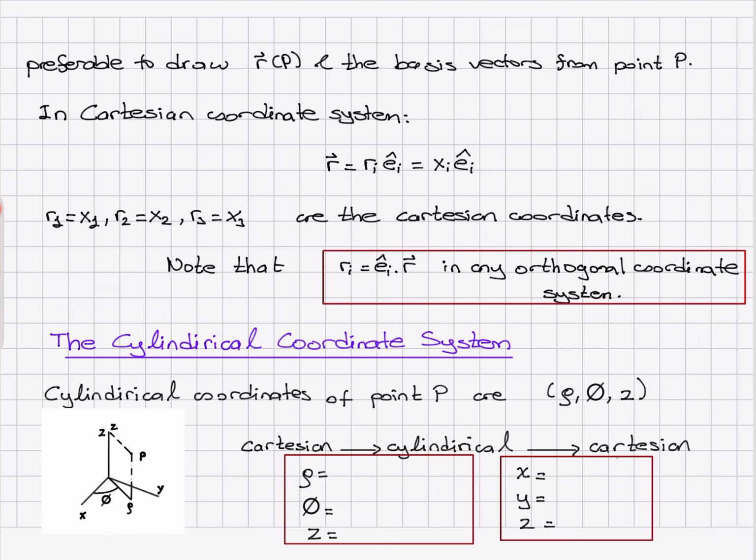And in the Cartesian coordinate system, the position vector is Ri ei hat, which is xi ei hat, x1, x2, x3 being the components, which are x, y, and z. That's what we normally use in our discussion as the Cartesian coordinates. But for the position vector components in any generalized curvilinear coordinate system, we have ei hat dot r giving us the corresponding component or the projection onto that unit vector.